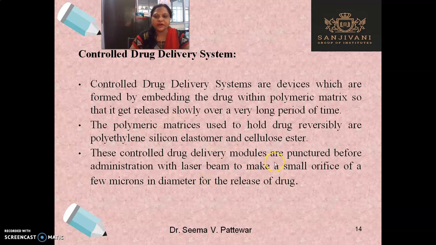The controlled drug delivery modules are punctured before the administration with a laser beam to make a small orifice of a few microns in diameter to release the drug. With the help of a small laser beam you puncture that system or that elastomer, and it will get punctured and release the drug.